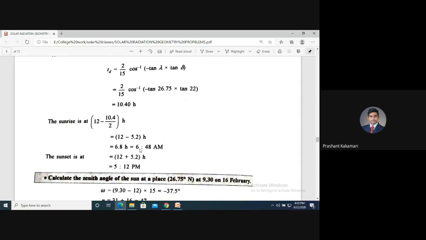We are not using local apparent time here, and we are not finding actual local time. As per the given values, we are finding sunrise and sunset with the standard correlations. Now for the afternoon, I add the hours to find when the sunset happens. That is 12 plus half of 10.4, which gives around 5:12 p.m. So around 5:12 p.m. the sunset is going to happen.